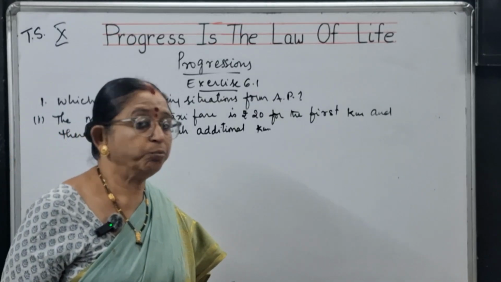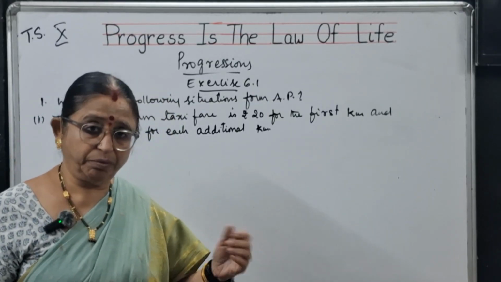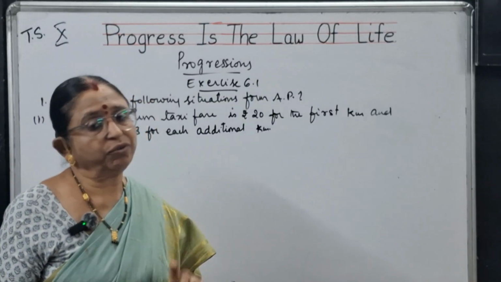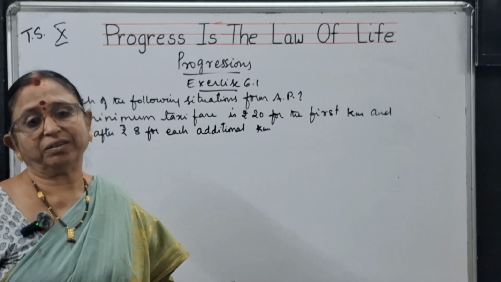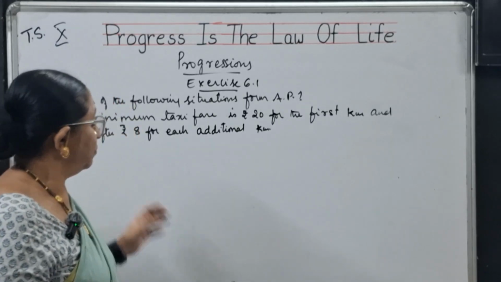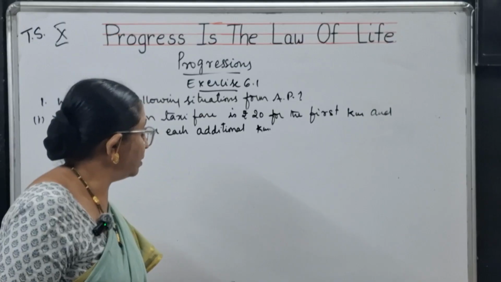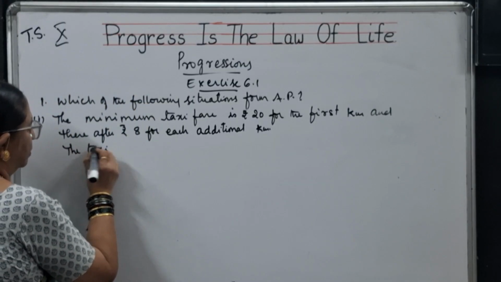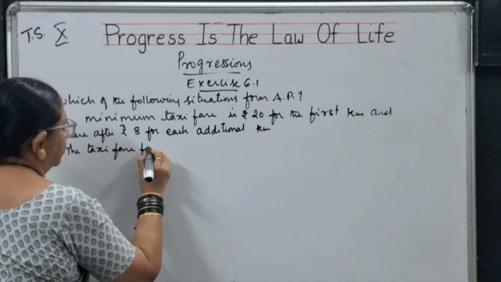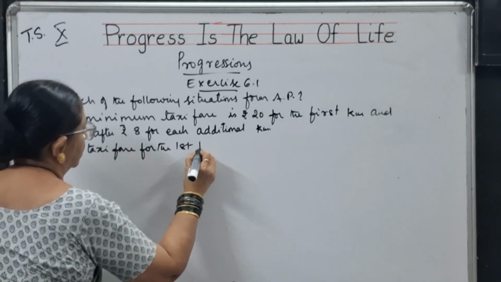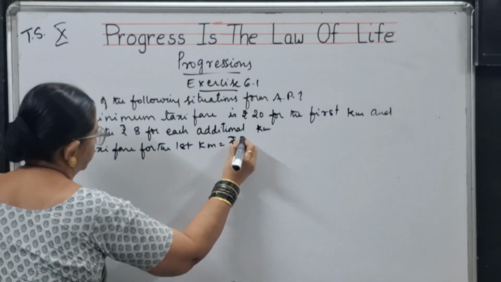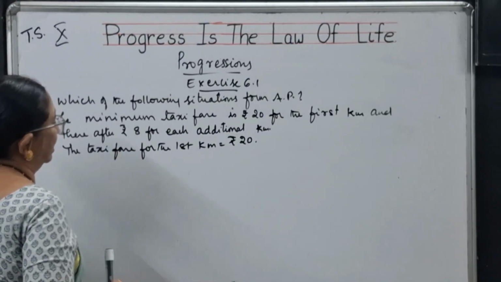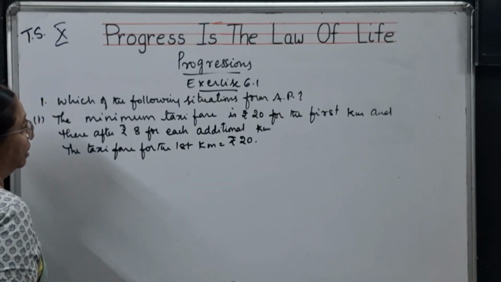So, when you board an auto, they will just keep a meter. It gives some reading initially. Up to a certain distance, that reading follows. Afterwards, it keeps on increasing. So, in the same way, here for the first kilometer, what is the taxi fare? The taxi fare for the first kilometer is equal to rupees 20. And what are they saying? An increase of 8 rupees for each additional kilometer.